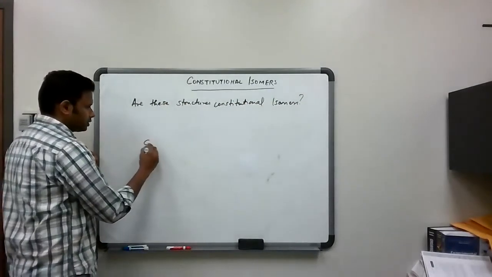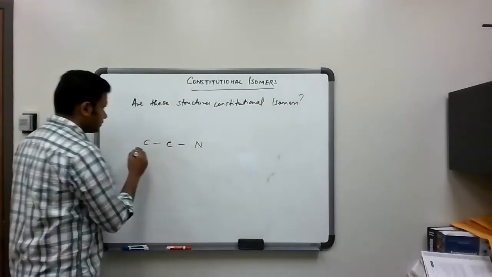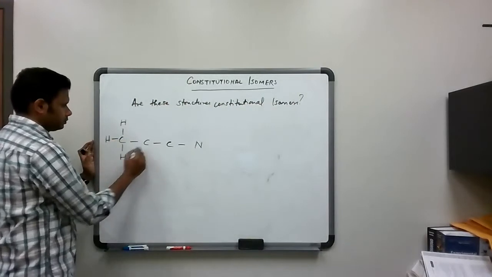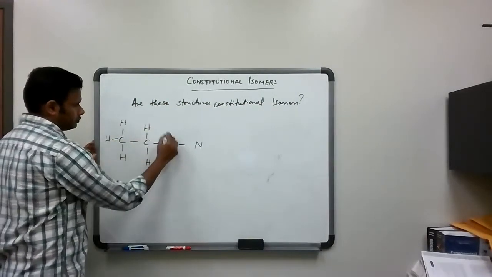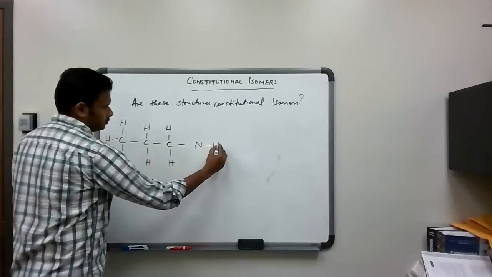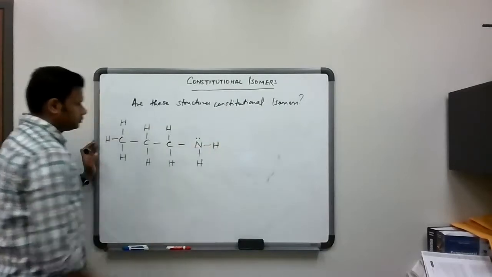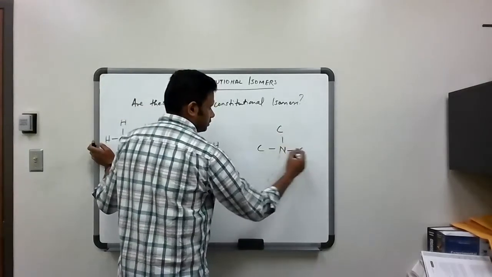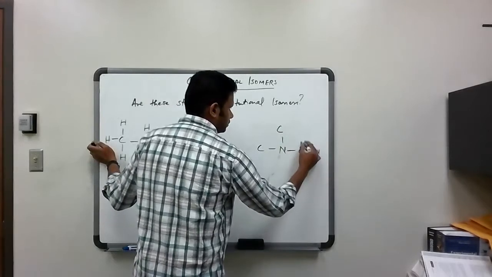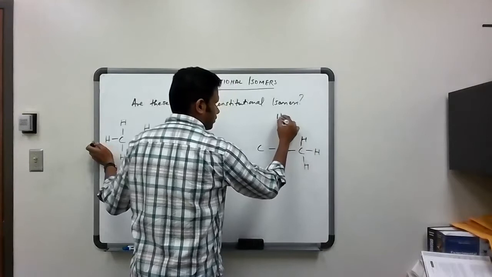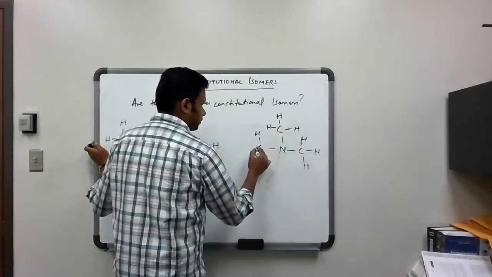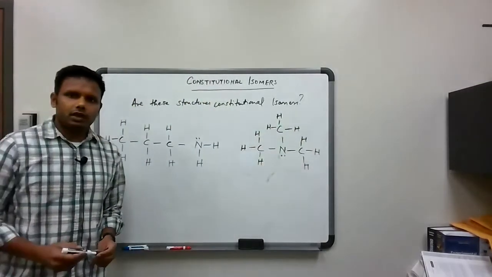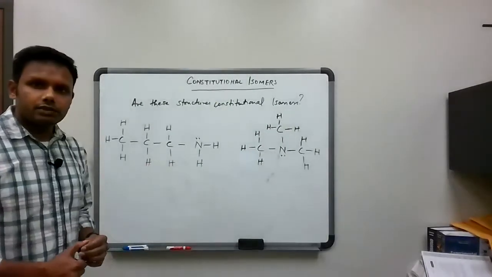So let's say we have a structure, we have carbon, carbon, nitrogen, and we have carbon, and we have another structure, let's say we have 2 structures, and what we want to find out is, are these constitutional isomers of each other?